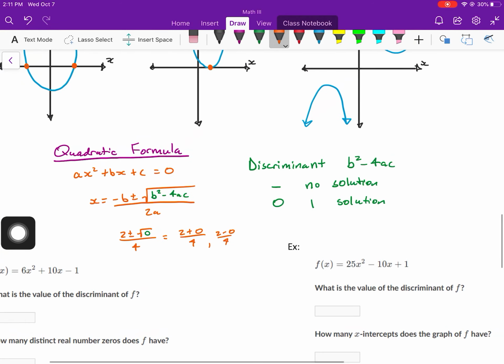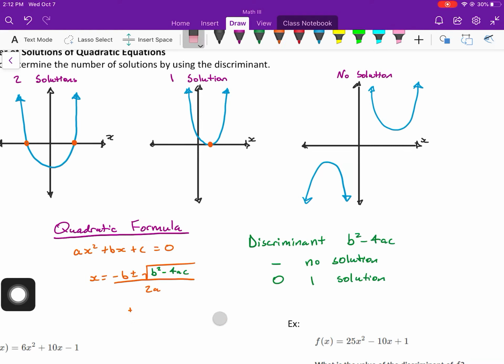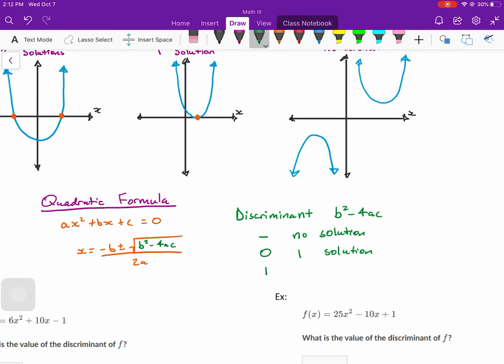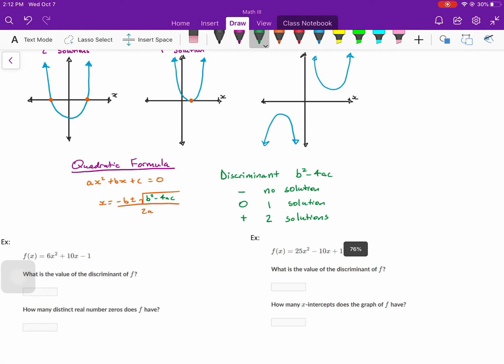So that's when you end up with just one solution, because we end up adding and subtracting 0. It doesn't change anything. And then if it's a positive, then we're able to square root it, and we just add and subtract whatever that is, so we end up with two solutions. And that's the discriminant for you.